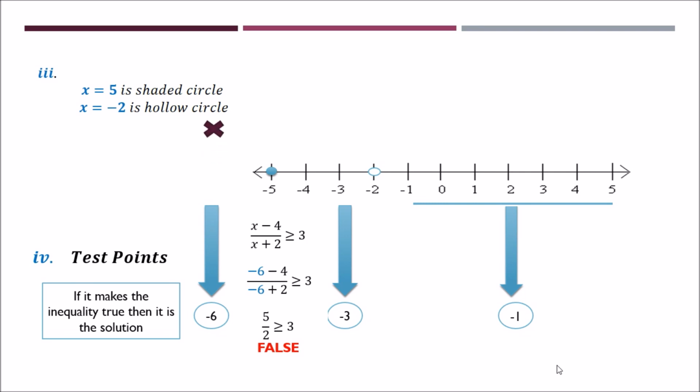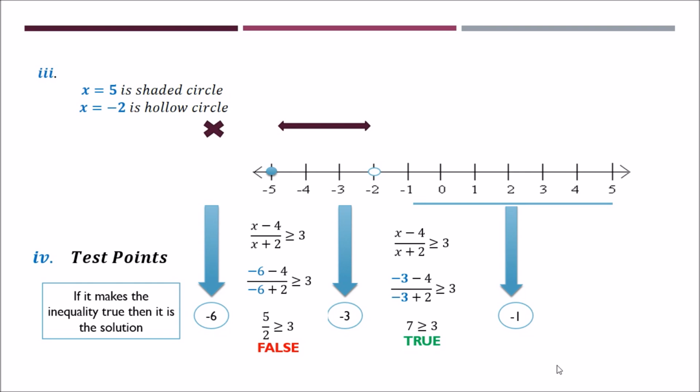Now let's test for -3. Substituting -3 into our original problem, this will give us -3 minus 4 all over -3 plus 2 greater than or equal to 3, and that will give us 7 is greater than or equal to 3, and that is true. So meaning numbers in between -5 and -2 are the solutions of our inequality.